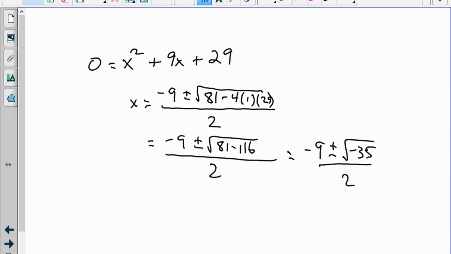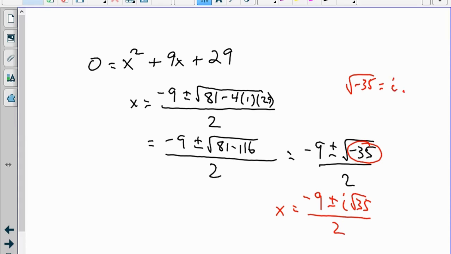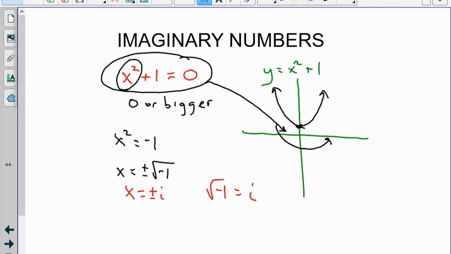What we would do is we would get this answer, and then we would just rewrite it where we have x equals -9 plus or minus i times root 35. So notice that if there's a negative number on the inside, we take the square root of -35, and we say that that's equal to i times the square root of 35. So anytime you see a negative on the inside of the square root, we just change that to i.